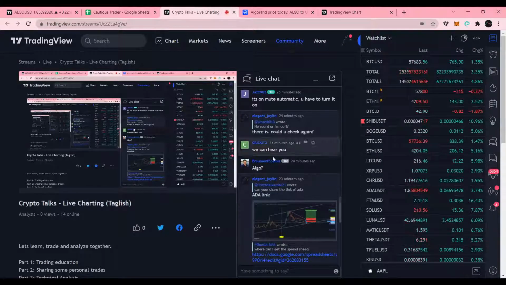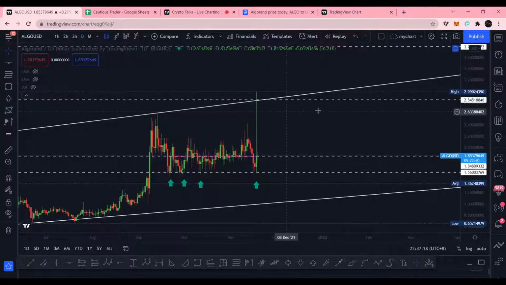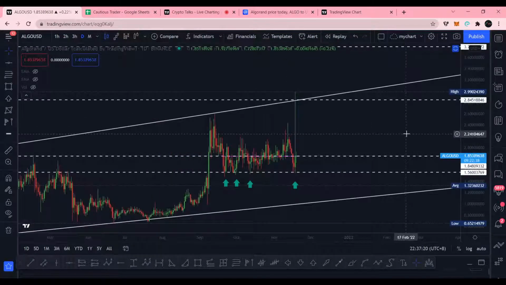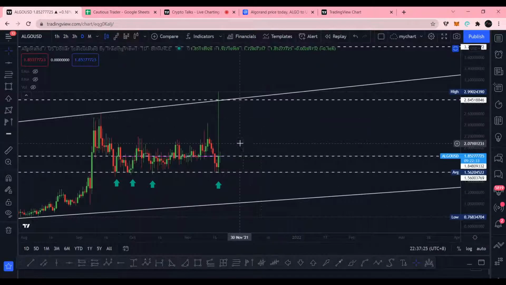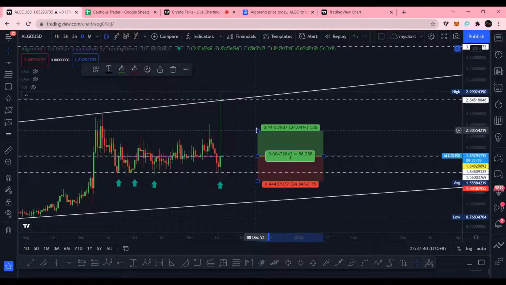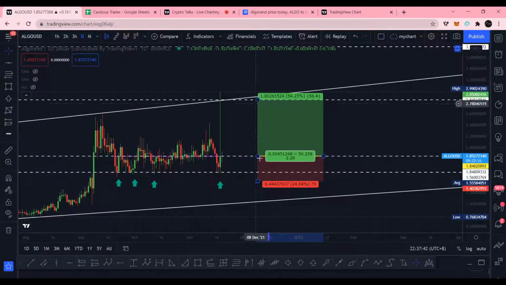That's how I trade. So I think that's it. That's my possible trade for Algo. But if it's already 100% of my normal position size and I entered at 1.82, of course, I'm gonna measure it first.